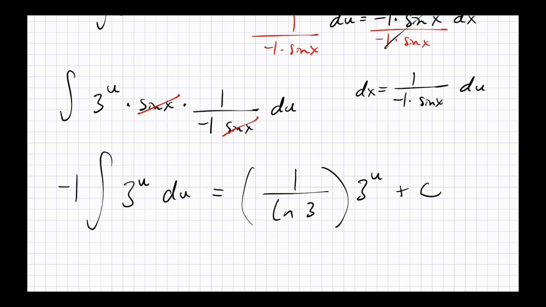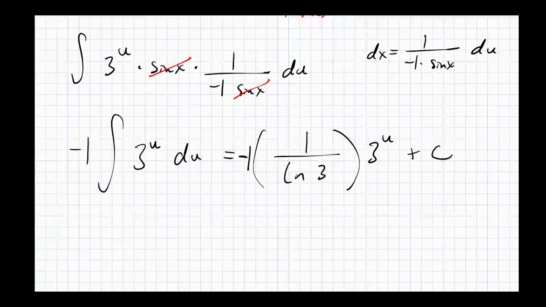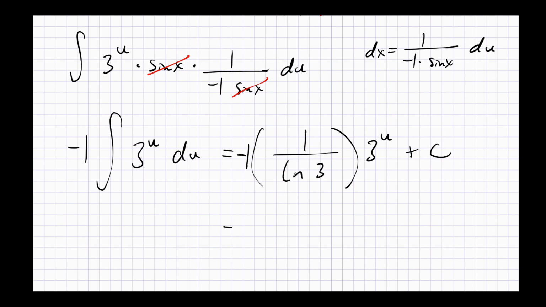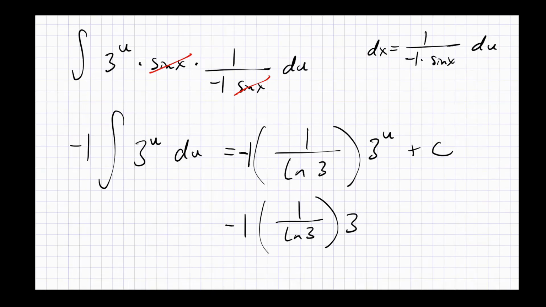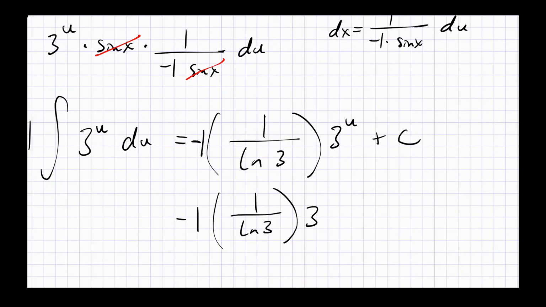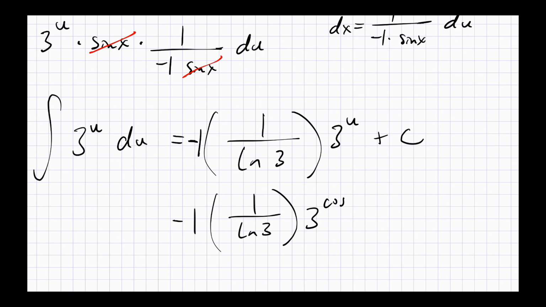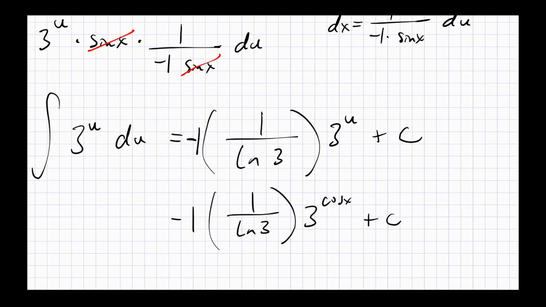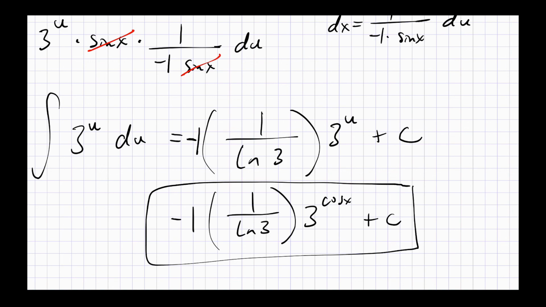And then we have a negative 1 out in front. So all we have to do is plug the u back in. So we get negative 1 over natural log of 3, and then plug in u again. U was cosine. We'll see. Done.